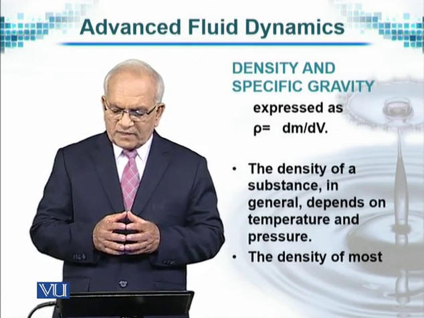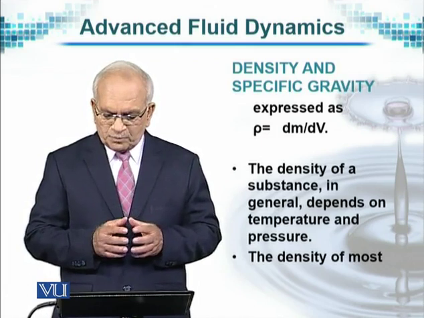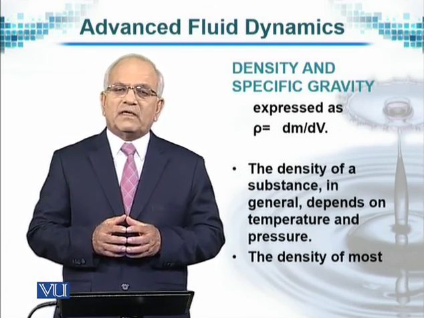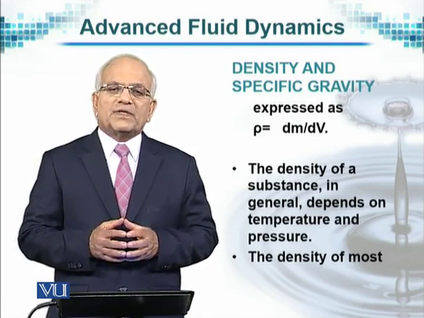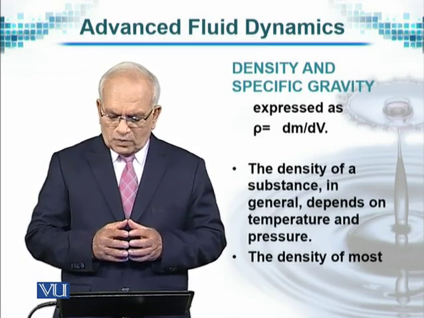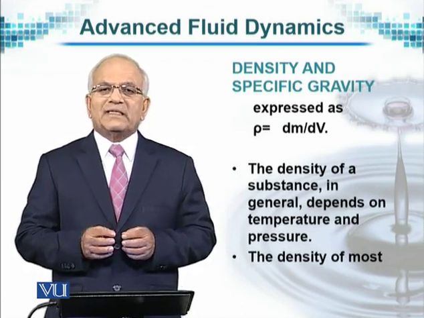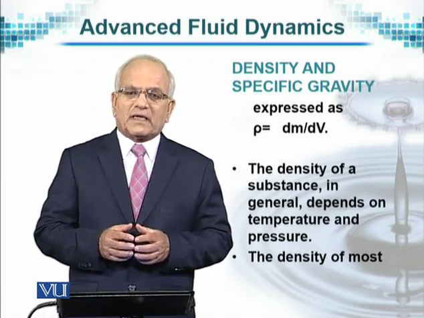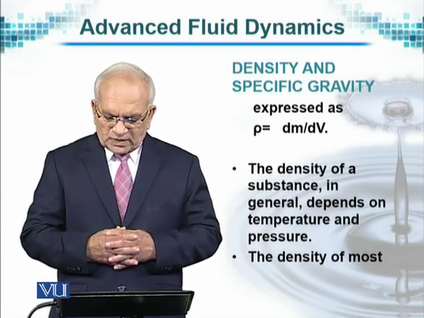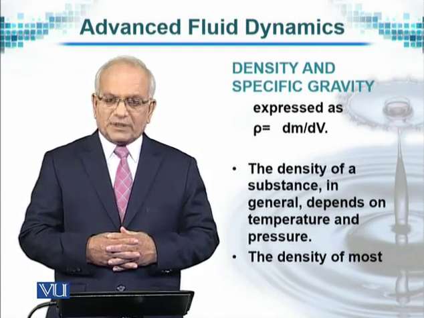And likewise here, a small change in mass and volume will be denoted by dm and dv respectively, and accordingly rho is equal to dm over dv. We can just as well denote it as d rho also to indicate that it's a small change in the density. The density of a substance in general depends on temperature and pressure.